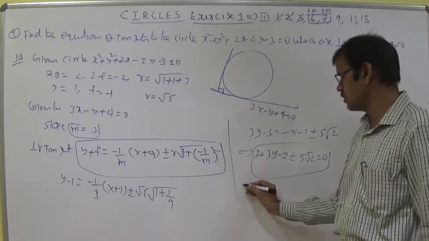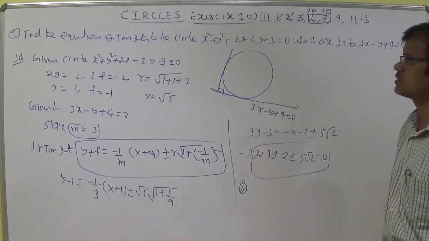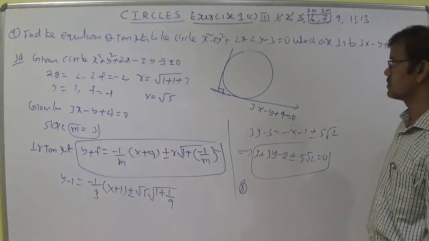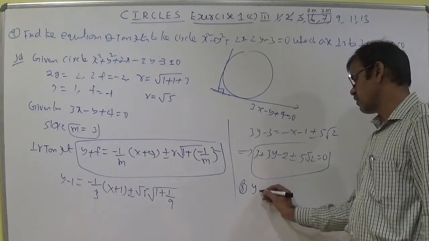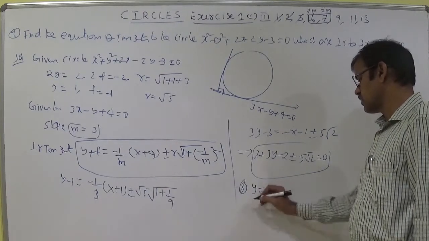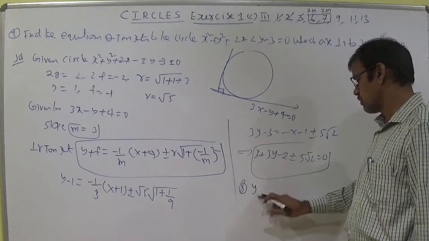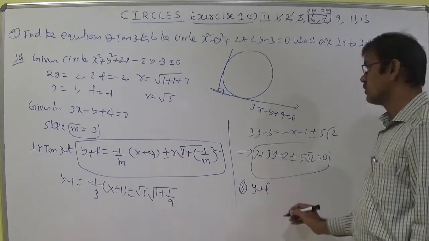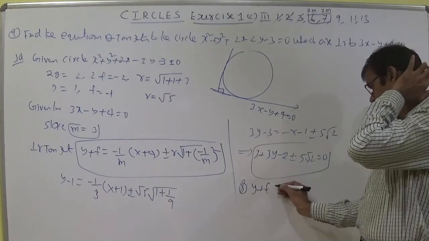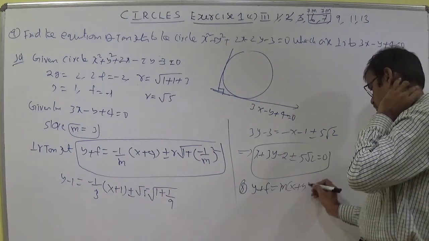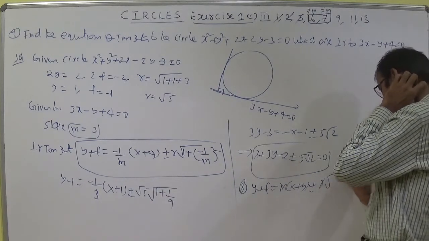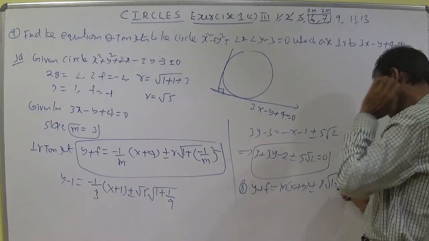Now I am giving a hint to you for the 8th question. He is asking to find the equation of the circle, with a circle given and a line given, parallel he is asking. Whenever a parallel tangent is given, find the slope and find the radius, and write the formula like this: y plus f is equal to m into x plus g plus or minus r root 1 plus m square.